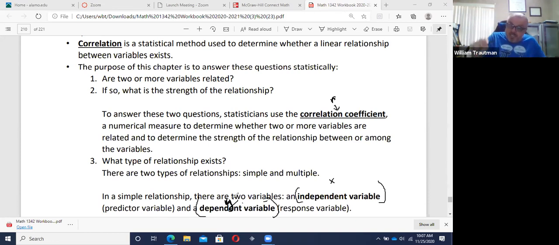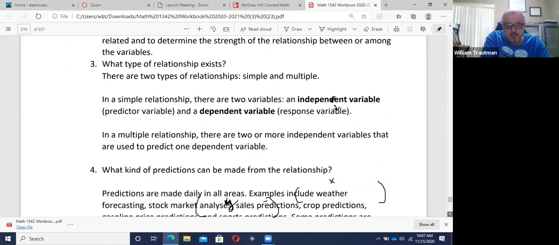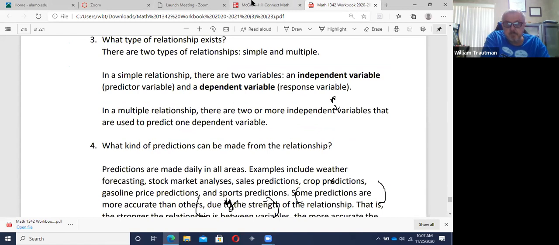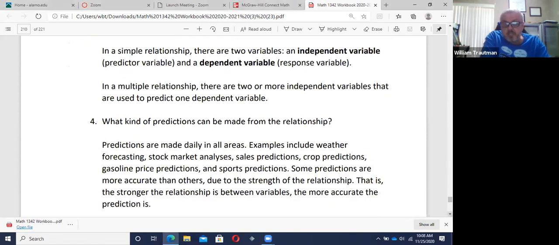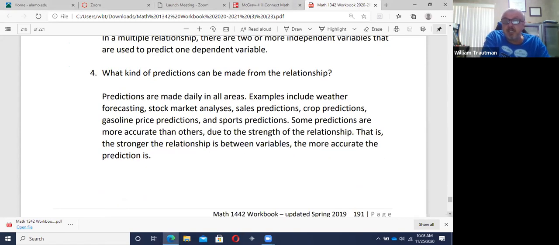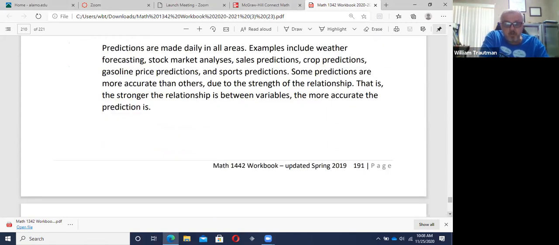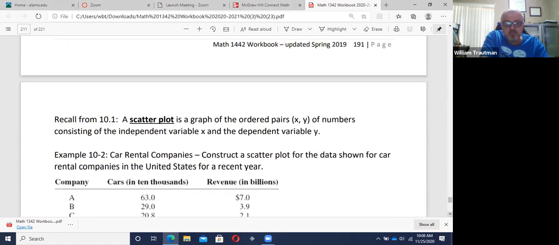Depending on what the X value is will tell you what the Y value is. And if we can draw this line, we can predict future events. And that's, I think, part of our homework, predicting a future event.